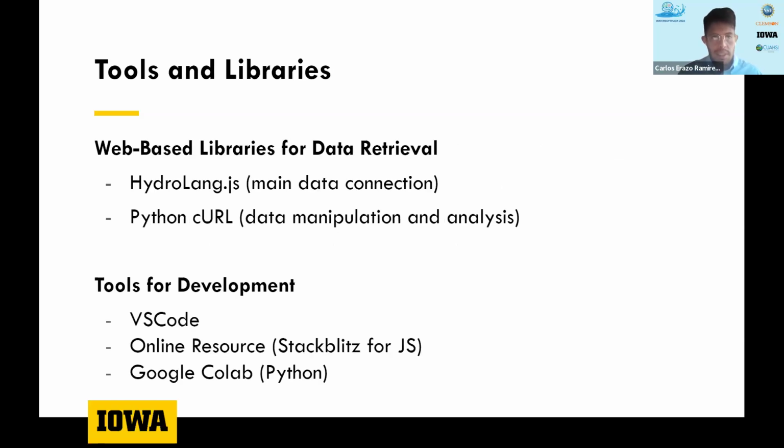So the tools and libraries we're going to be using, again, are mainly Hydrolang for the day. I also have a little bit of an example for Python. I know that a lot of people are more comfortable with Python. So I'm just going to show you the data retrieval process the way you do it with the JavaScript version and the way you do it with the Python version.